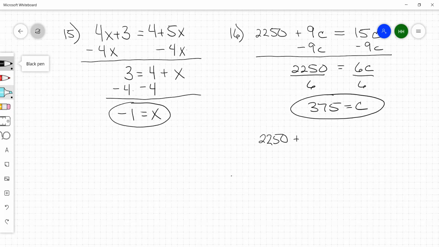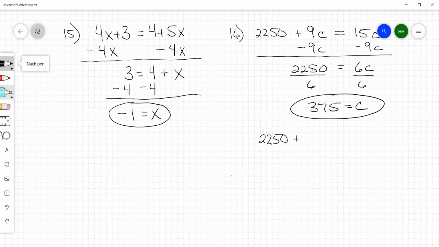So let's see if I can do this mathematically. The 2250 stays the same, right? Yeah. Your 2250 stays the same. And if you sell a camera for $15, when you subtract your cost of $9 per camera, you're making $6 per camera, right? But for 375 cameras, it's got to go towards this 2250.